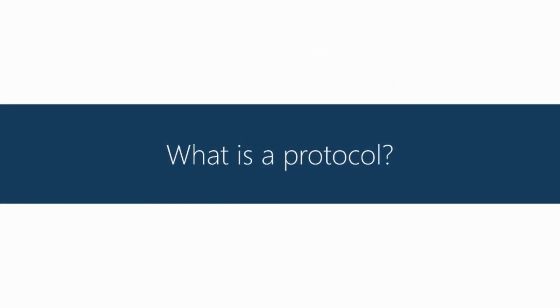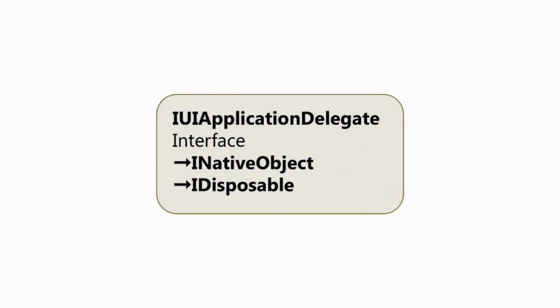Now, the actual contract that defines a delegate is defined by another interesting feature in iOS, a protocol. Protocols allow you to define a standard abstract contract of methods and properties independent of the class that implements it. So kind of like an interface in .NET.